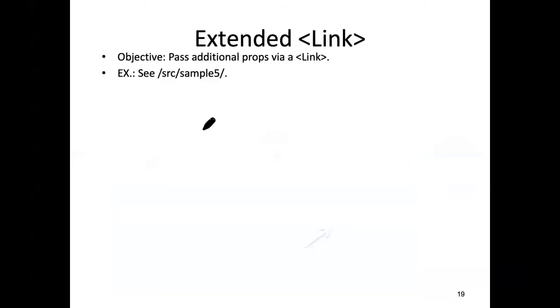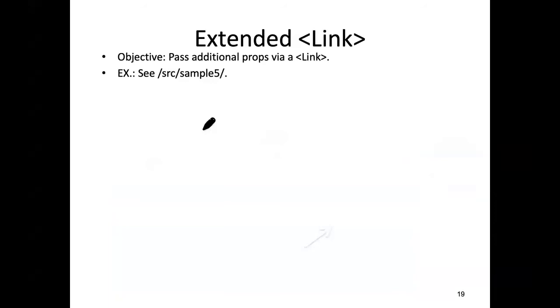The last example we'll look at in today's lecture is the extended link idea. When we click on a hyperlink that's programmed with the link component, our new page is mounted, but supposing we wanted to pass some custom props to that page that it would use, how do we actually do that?